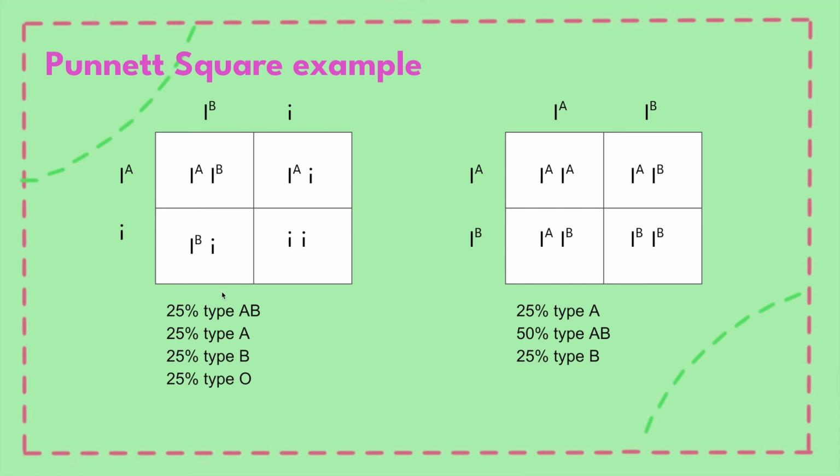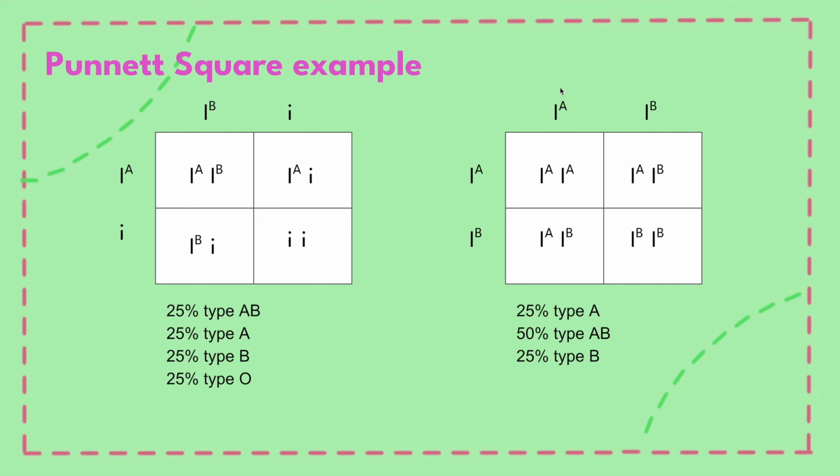Well, there is a 25% chance that offspring can have type AB blood, a 25% chance for A blood, 25% chance for B blood as well, and lastly, a 25% chance for type O blood. So what we can see here is since both of the parents were heterozygotes, they also have the possibility to make their children heterozygotes as well.